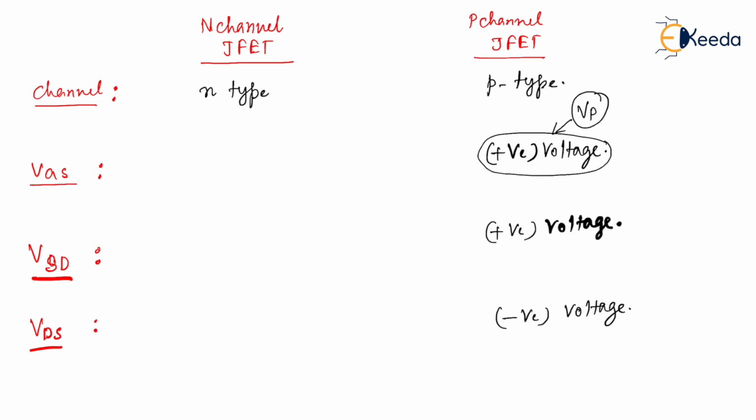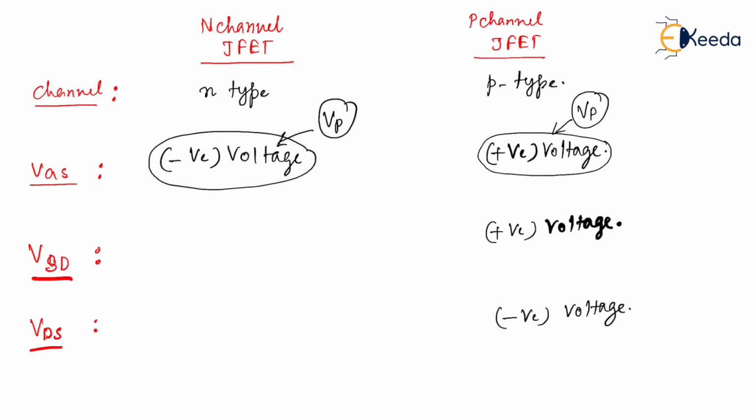So this is all about the P channel JFET, and for the N channel JFET we can see that the VGS will be negative voltage. That's why we can say that the pinch off voltage for the N channel JFET will be negative, and the VSD will be negative voltage for N channel JFET.